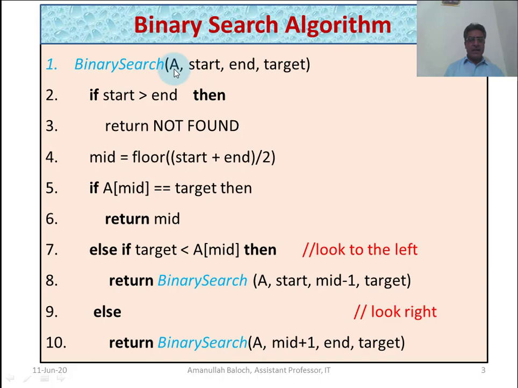The first one is an array of integers, floats, or any numbers, in which we have to search for a required value. So binary search will receive an array, its starting index, its ending index, and the target value which we have to search from that array.